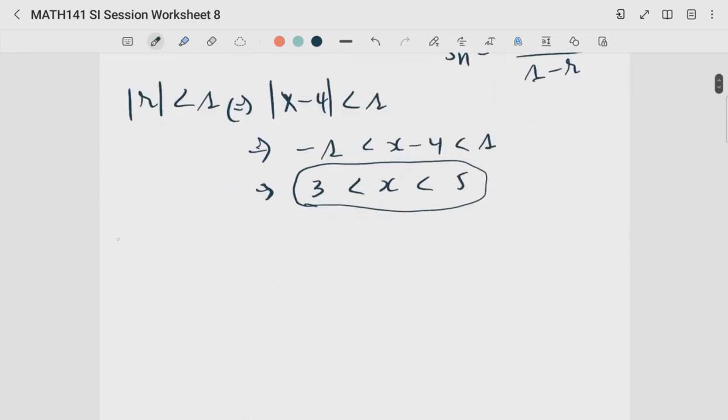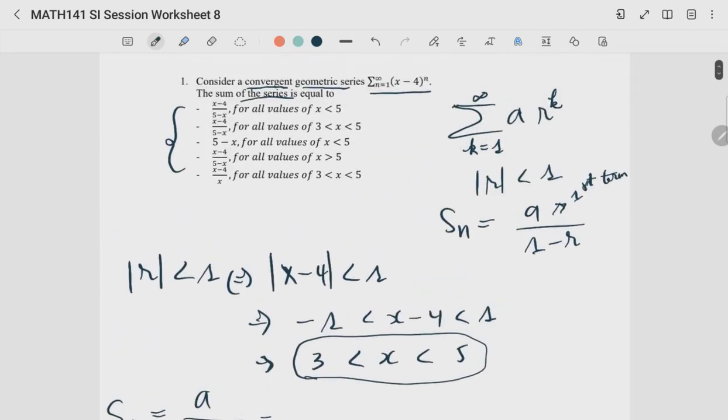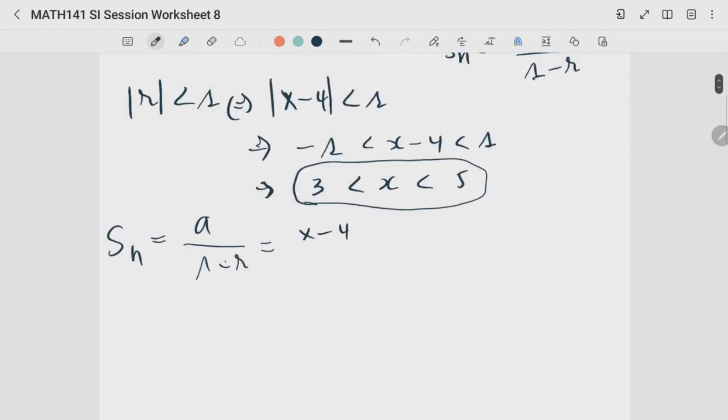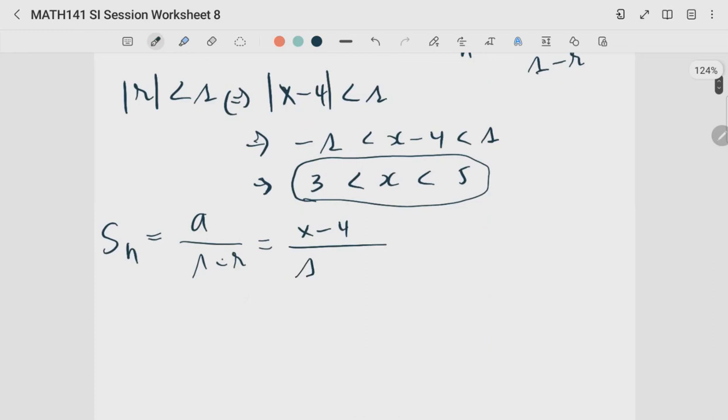So our sum is equal to a over 1 minus r, where a is our first term, with n equal to 1. When n is equal to 1, our first term gives us x minus 4, divided by 1 minus r, which is x minus 4, giving x minus 4 divided by 5 minus x.